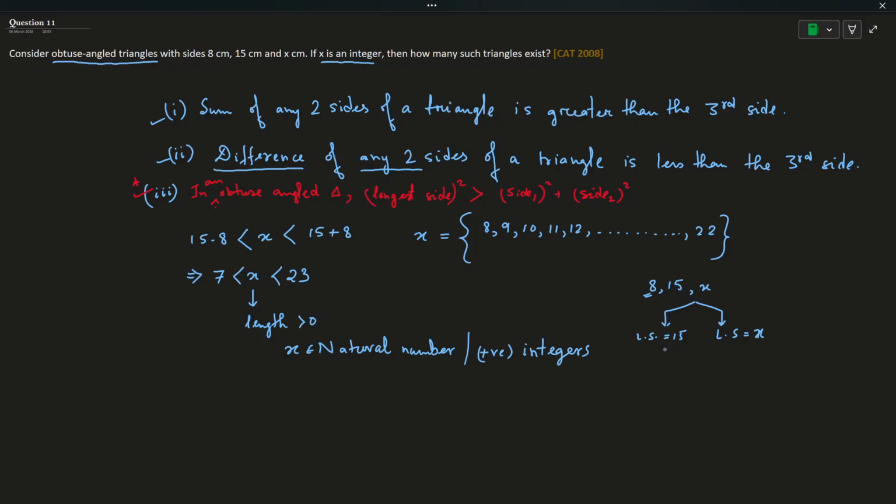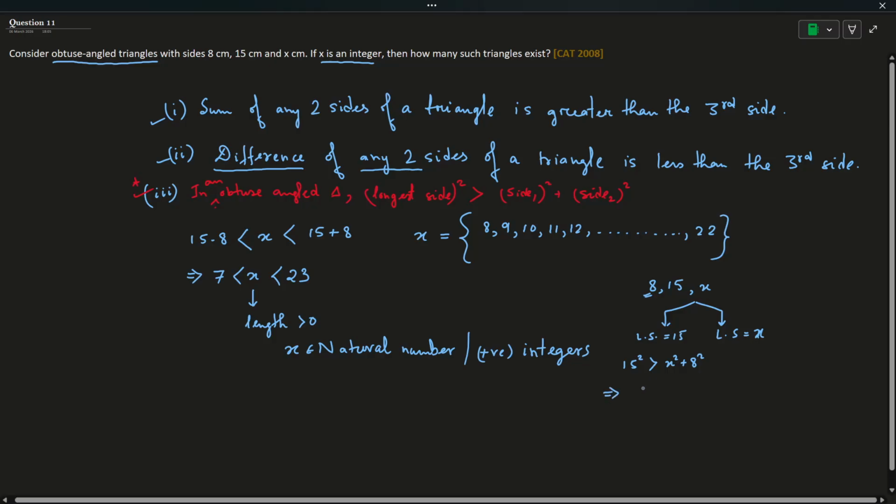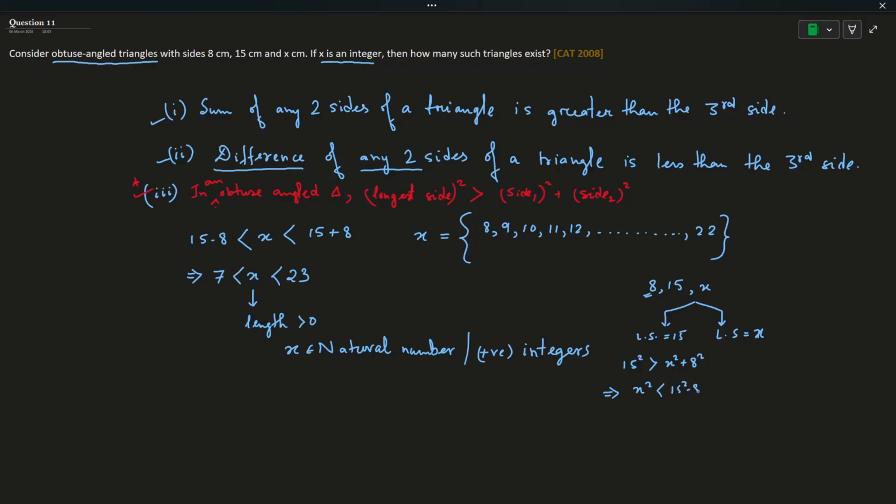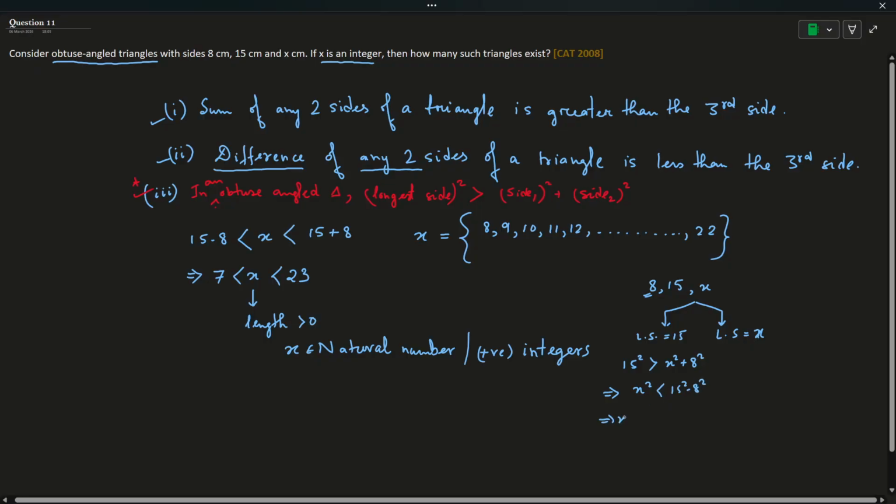Now, if 15 is the longest side, then 15 square is greater than x square plus 8 square, or x square is less than 15 square minus 8 square. This will be a square minus b square, which is a minus b into a plus b.